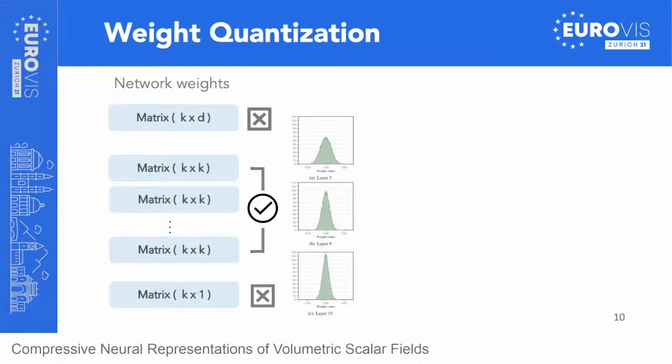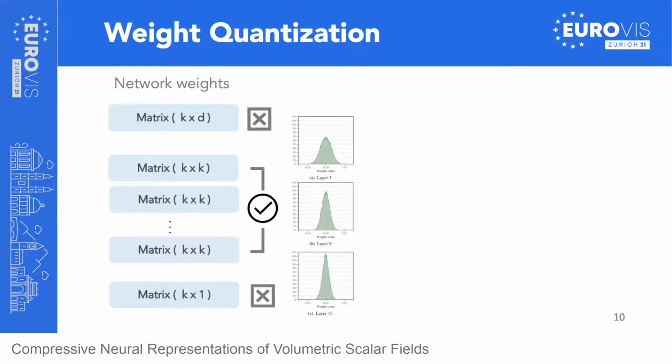So far, we have been assuming that the network weights and volume are of the same precision. In fact, further compression can be gained through quantizing the network weights. Since the first and last layers of the network are parameterized by small weight matrices, we found through experiments that they require high precision for good performance. Thus, we do not quantize these matrices.